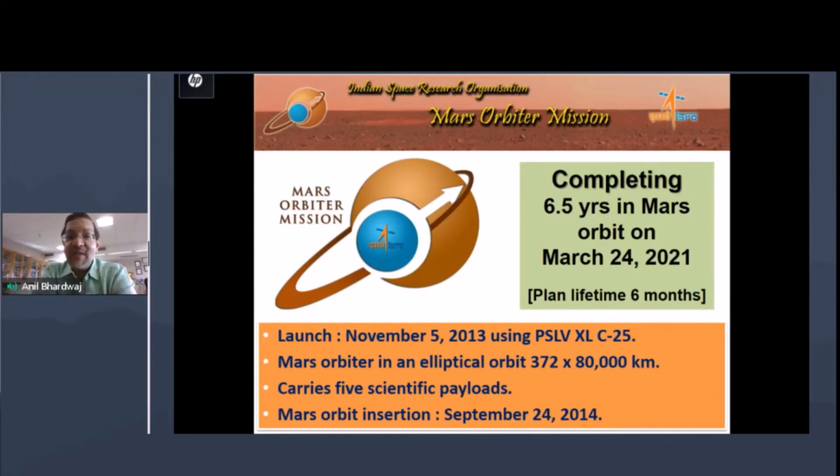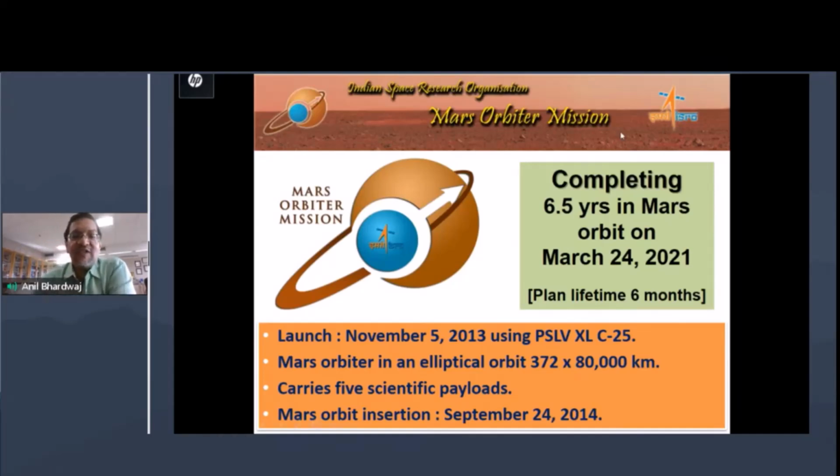It had already completed 6.5 years in March of this year, 2021, whereas the planned lifetime was just 6 months. So when we talk about planetary missions, though we keep a lifetime for a mission, many times the mission outlives its life, and keeps on collecting very useful data and providing information.